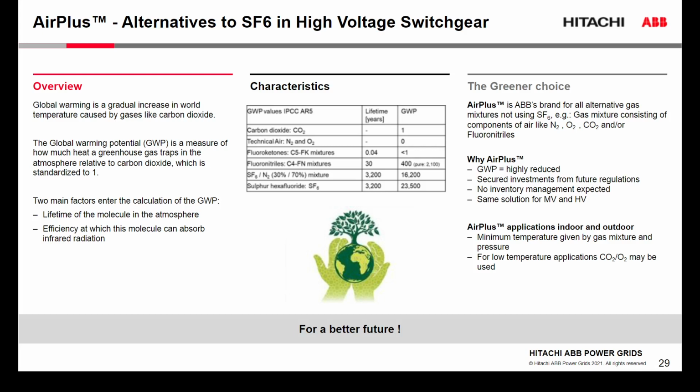The outcome is a highly reduced global warming potential for that gas, which does not mean that we should not handle it with the same carefulness, but we might feel less guilty to our next generations with having the SF6 inside of the compartments.